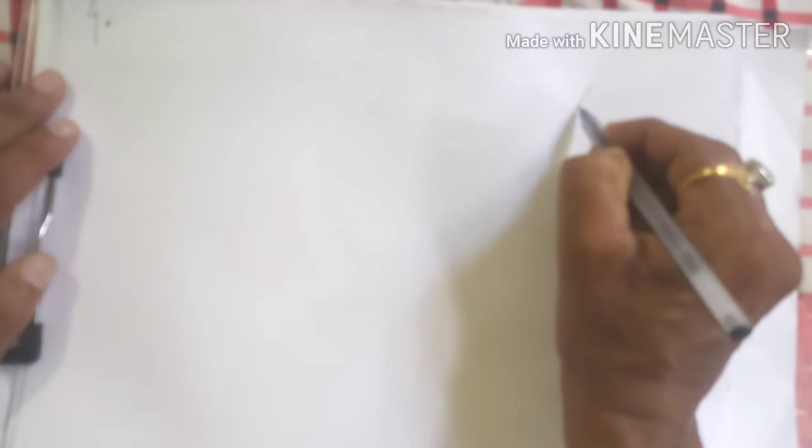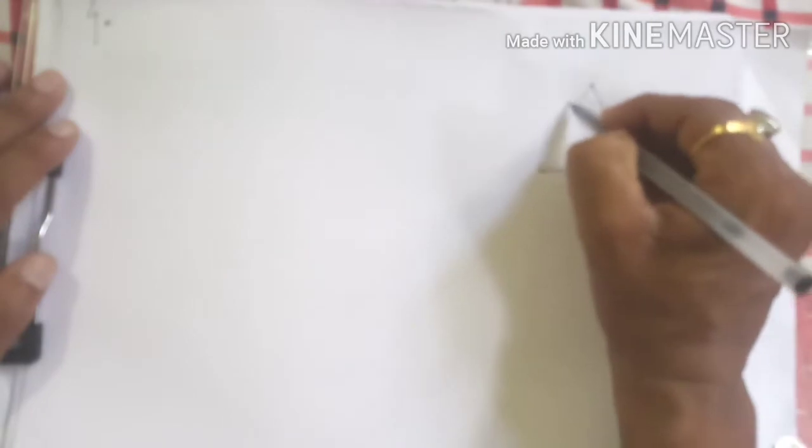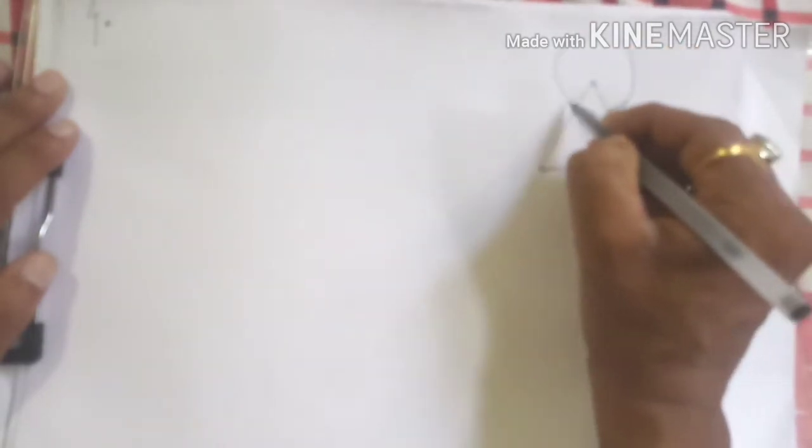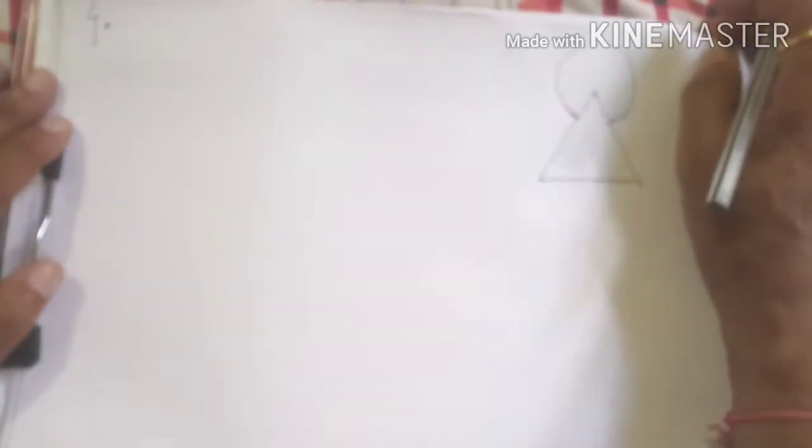Question number 4. Here see, a triangle is there and a circle here. Up to this, you just watch the diagram.